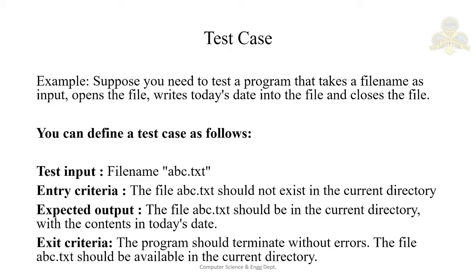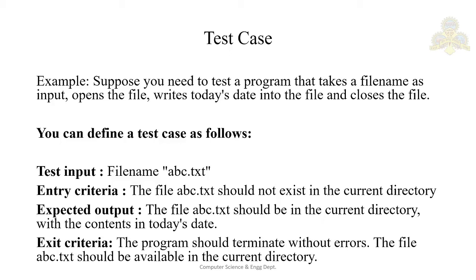Then what is the exit criteria? Whenever you give the proper file name and the file is not present in your system, the program should terminate without errors. The file abc.txt should be available in the current directory. Whenever you open that file, it should have today's date. Getting it?